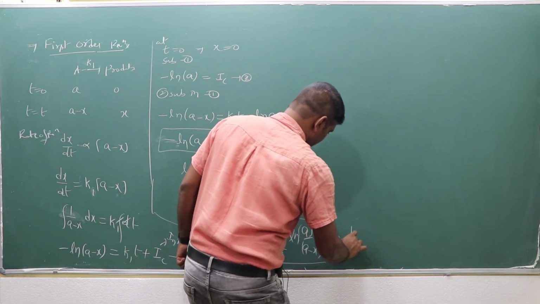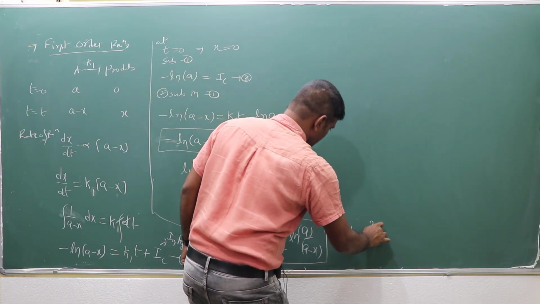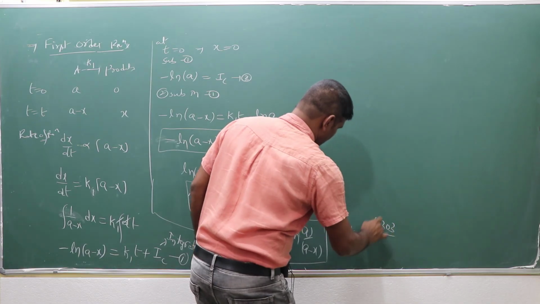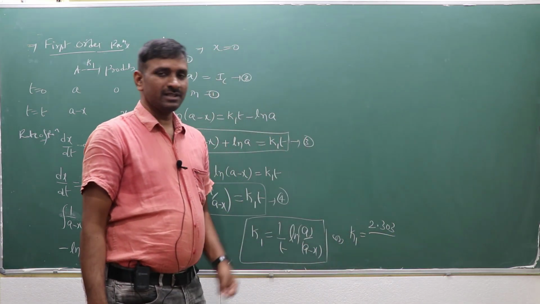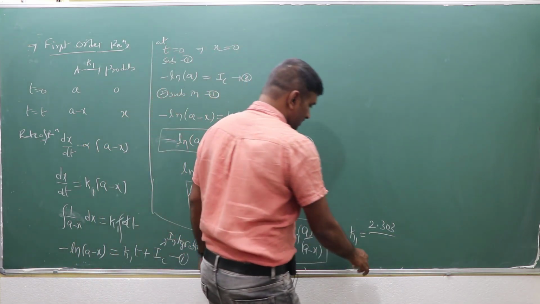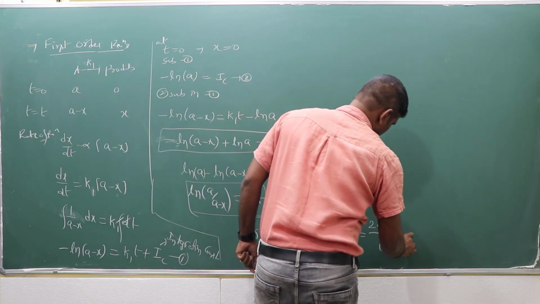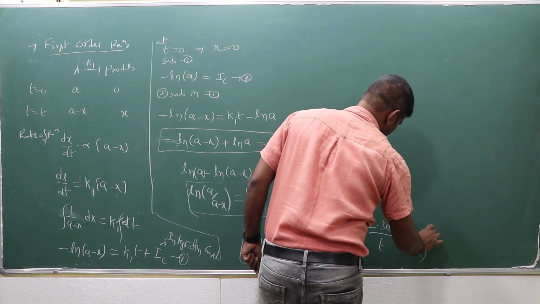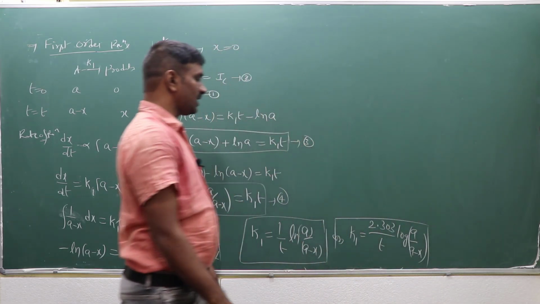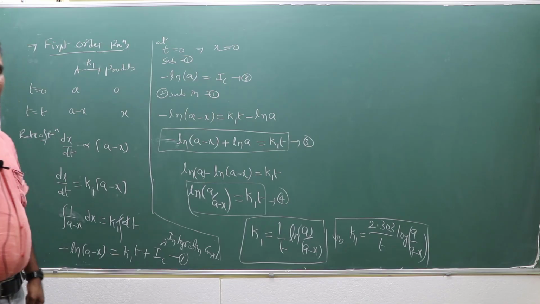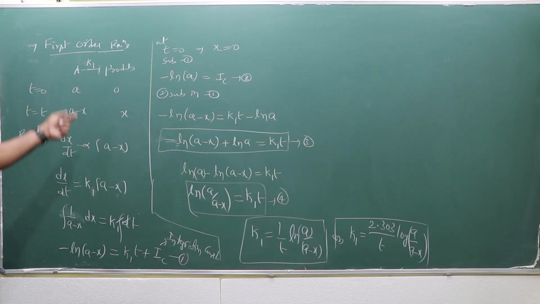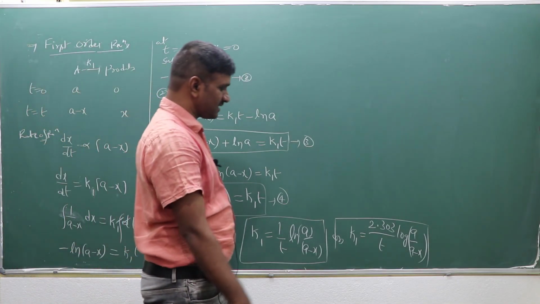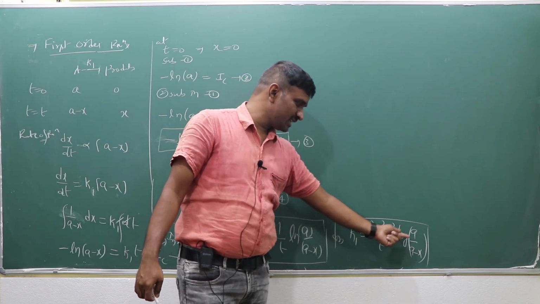Then k1 is equal to 2.303 by t log a by a minus x, since ln base e is 2.303 log base 10. In terms of log a by a minus x.